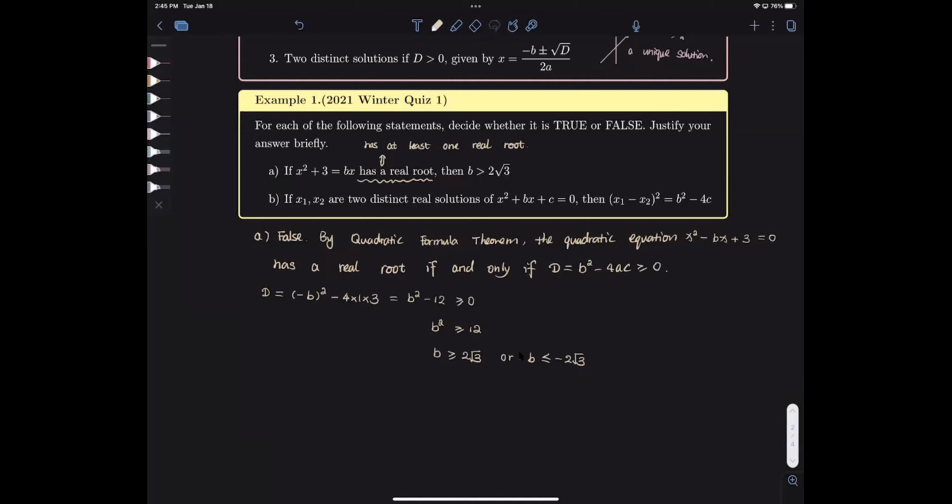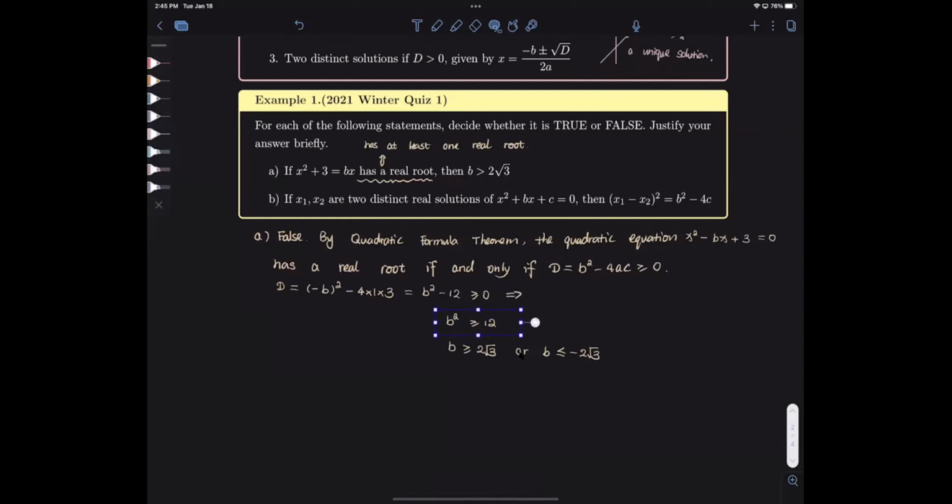Now you can say, my D equals this, which implies that b squared is greater than or equal to 12, which implies this. So your b can either be greater than or equal to 2 square root of 3, or less than or equal to negative 2 square root of 3.